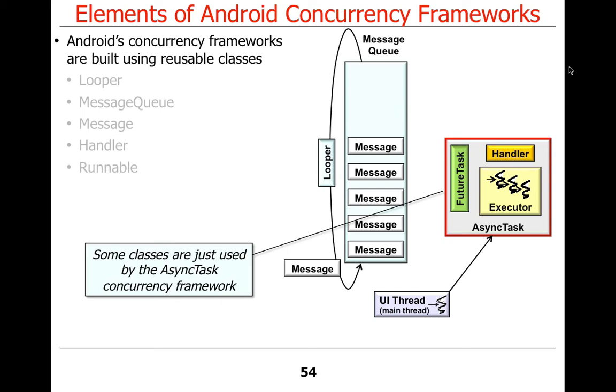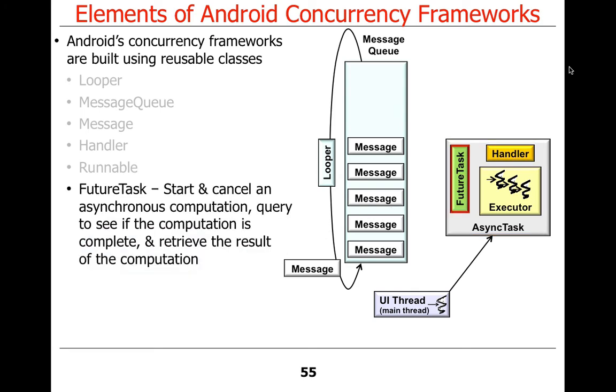And here are some of the classes that are in AsyncTask. So one of the things is called future task. If you recall our discussion of the executor framework, if you go back and watch the videos, you'll see a discussion of future task. And future task was used by the completion executor service in order to be able to take the results of two-way asynchronous invocations on callables and then be able to take the result when the result is done and stick the completed future into a completion queue, which can then be processed in another thread of control.